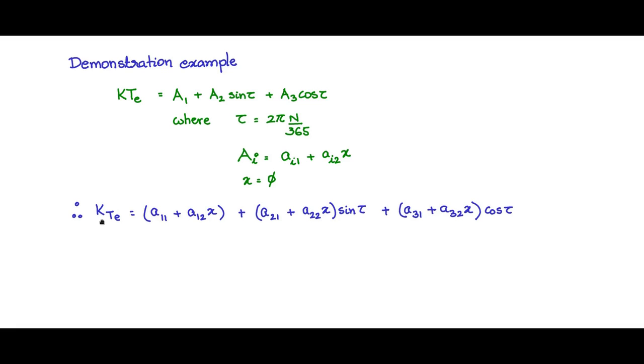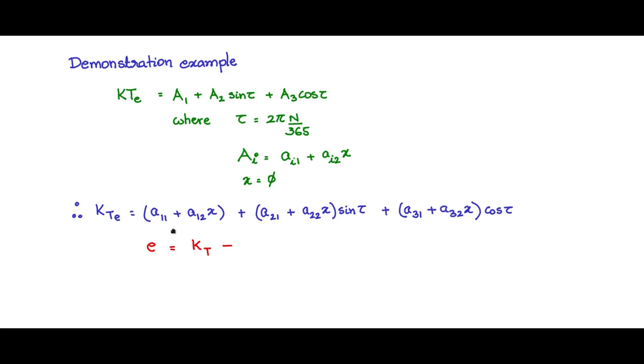So this is the clearness index estimate equation, and we don't know what a11, a12, a21, a22, a31, a32 are. It is now our job to find out these coefficients and plug them in. Only then does this estimate equation become complete, and you can use it for any other place, latitude x and tau values.